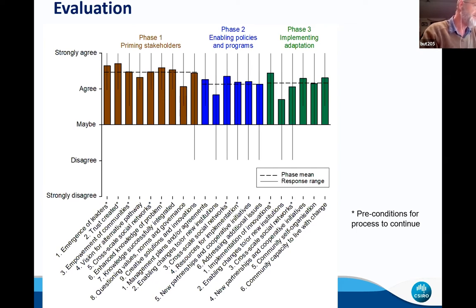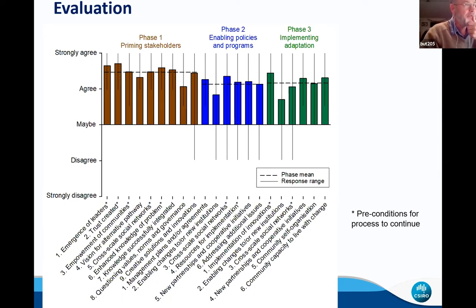And then in the last phase, implementing adaptations, this is where we really wanted to see if innovations were being implemented, looking for new institutions that were emerging to manage the problem, and particularly trying to look at the community level. If you look at the very last indicator on the right, does the community actually, in the end, have the capacity to live with change, and the one before that, to self-organize for change?